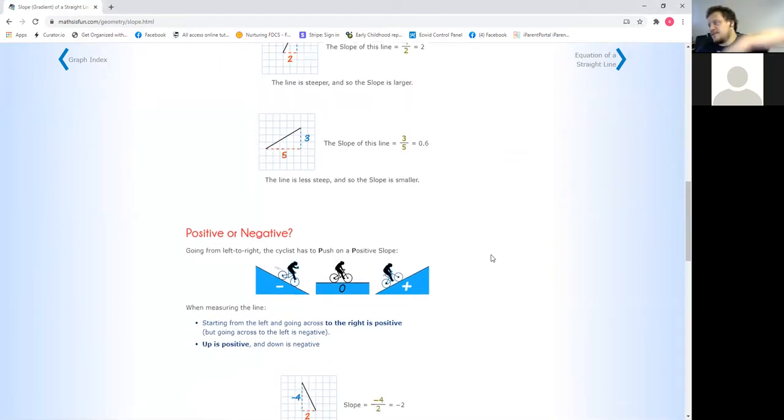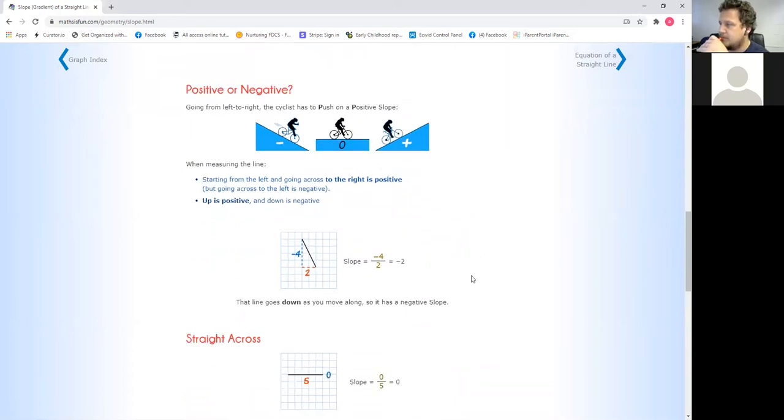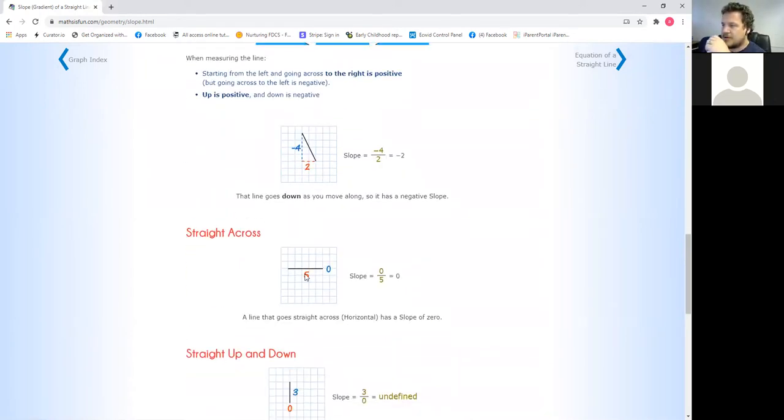So if it's going down, it's negative. If it's perfectly flat, it's 0. Going upwards, it's positive. So if it's sloping down, it's a negative number. If it's going across, there's no rise.